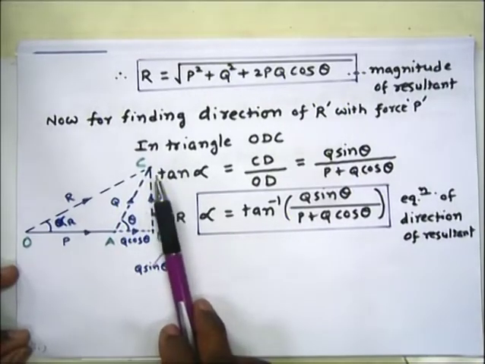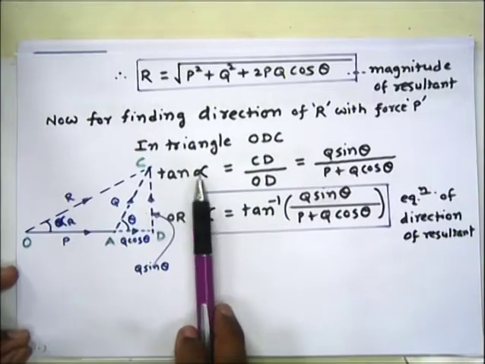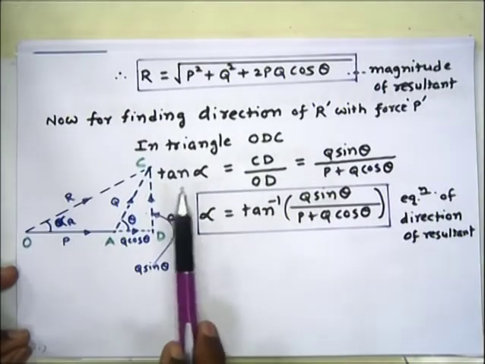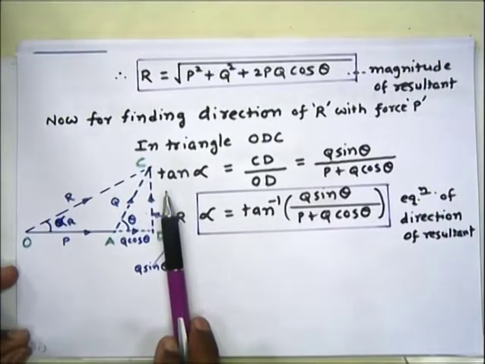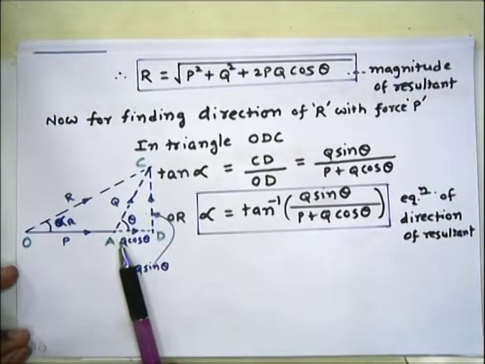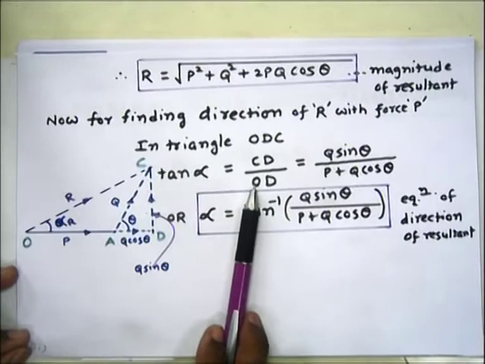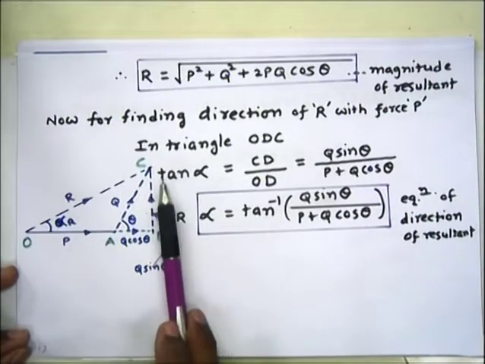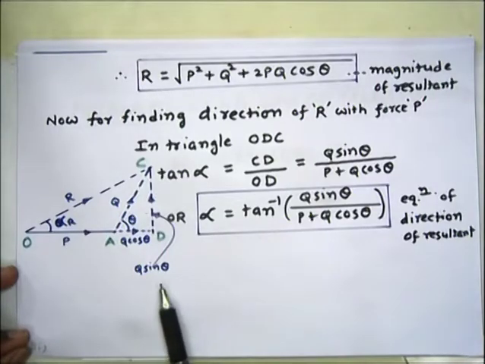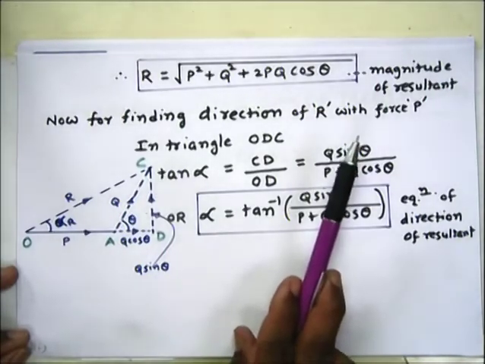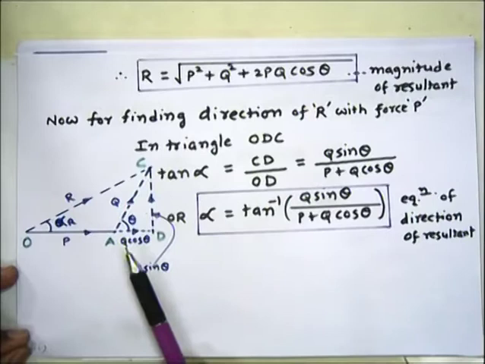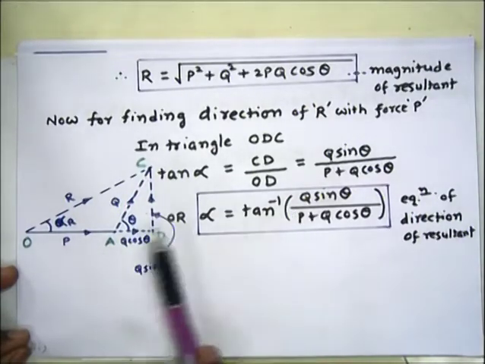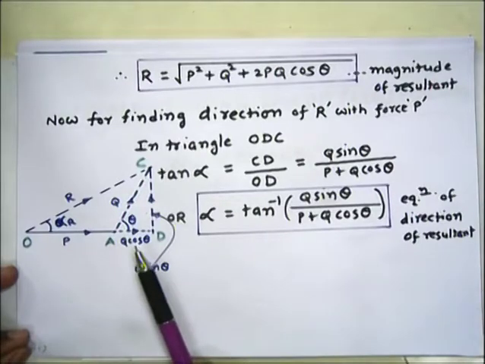So from the geometry of this triangle, we can write tan alpha is equal to CD, that is this opposite side divided by adjacent side, that is CD by OD, and CD is nothing but Q sine theta, and OD is nothing but P plus Q cos theta.